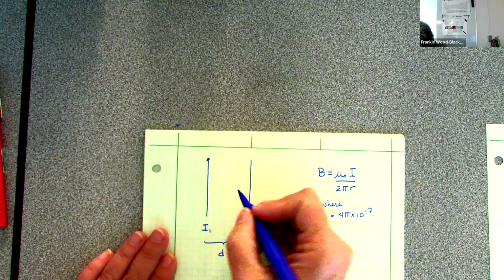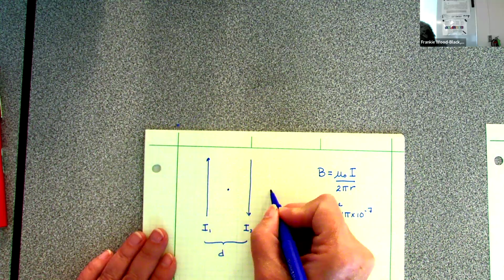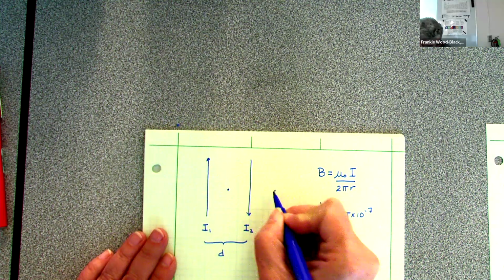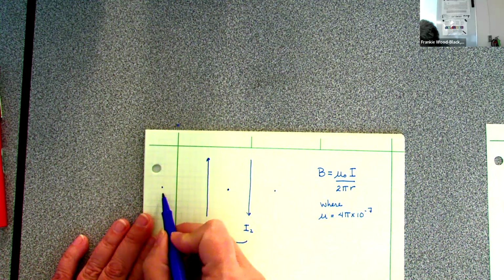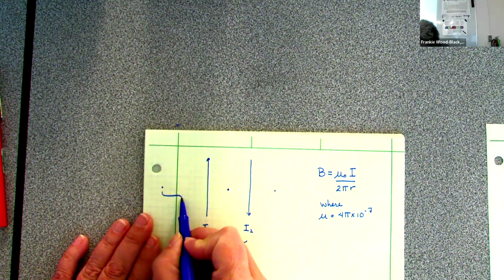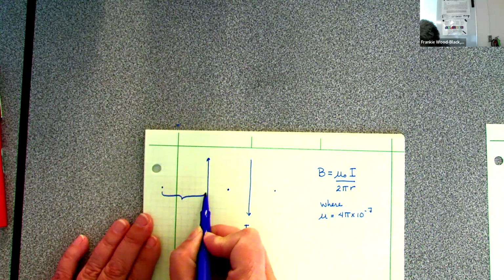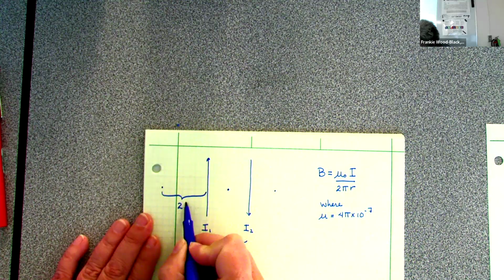We're going to do a point. I'm going to do 3 different points. This is going to be a point that's 2d away.